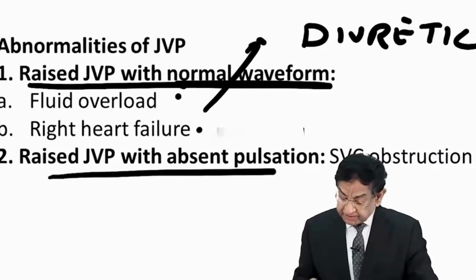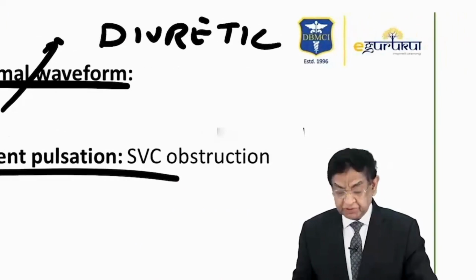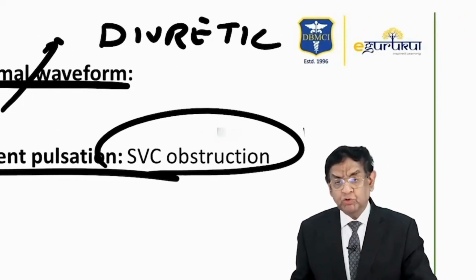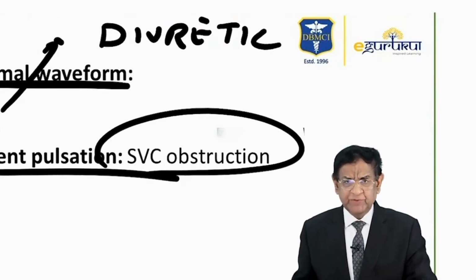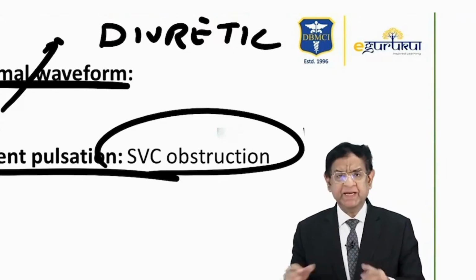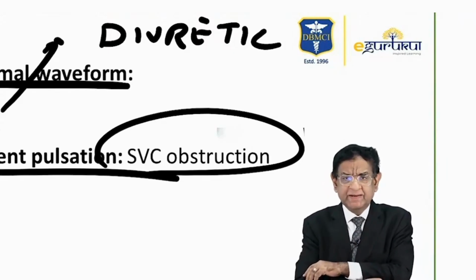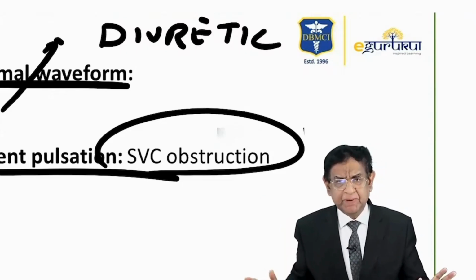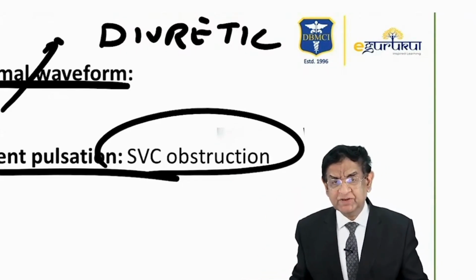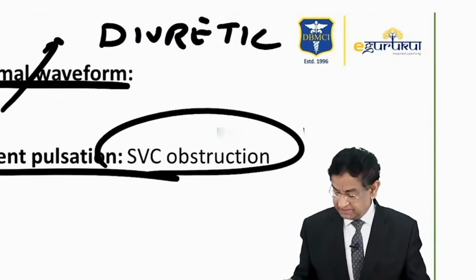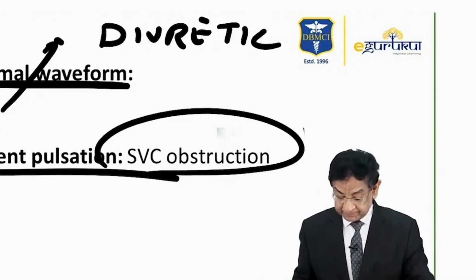Raised JVP without pulsation, I mentioned to you earlier also, is so-called superior vena cava obstruction. And it's simple, if you happen to get one patient and if you can pick up this finding, you can straight away think that we are dealing with a case of lung cancer. Okay, such an important sign.